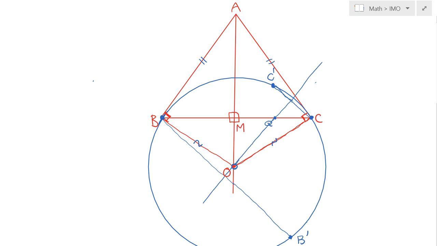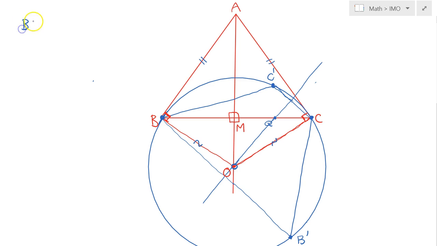Now, finally, it is obvious that our shape, due to the symmetry here, because B and B prime are symmetric with respect to OQ, and C and C prime are also symmetric with respect to OQ, we have an isosceles trapezoid here. Basically, BB prime C prime C is an isosceles trapezoid.